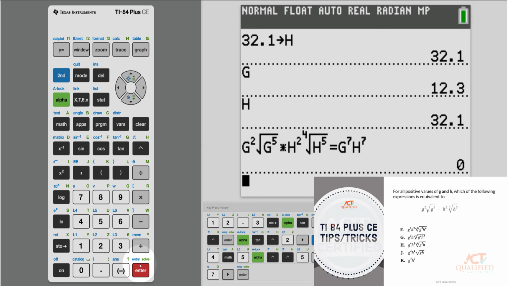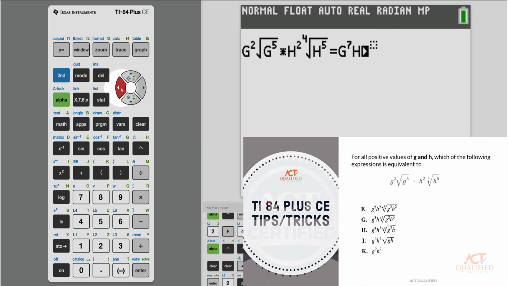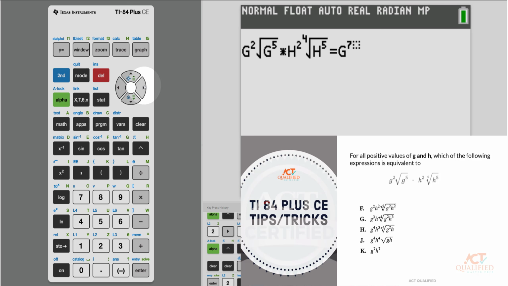Let's try another. Recall your expression. Tab left and change the right expression to equal answer choice H. Now press Enter.